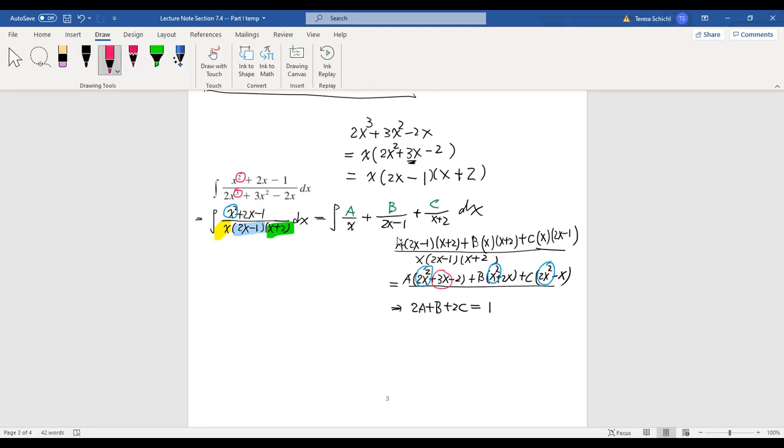Okay, now let's take a look at the term with only x. So this is the only x, this is only x, and this is only x. So our second equation will be 3a plus 2b minus c. So what is the x term going to be equal to? You need to compare to this one, right? It is equal to 2. Then the last one here is the constant term.